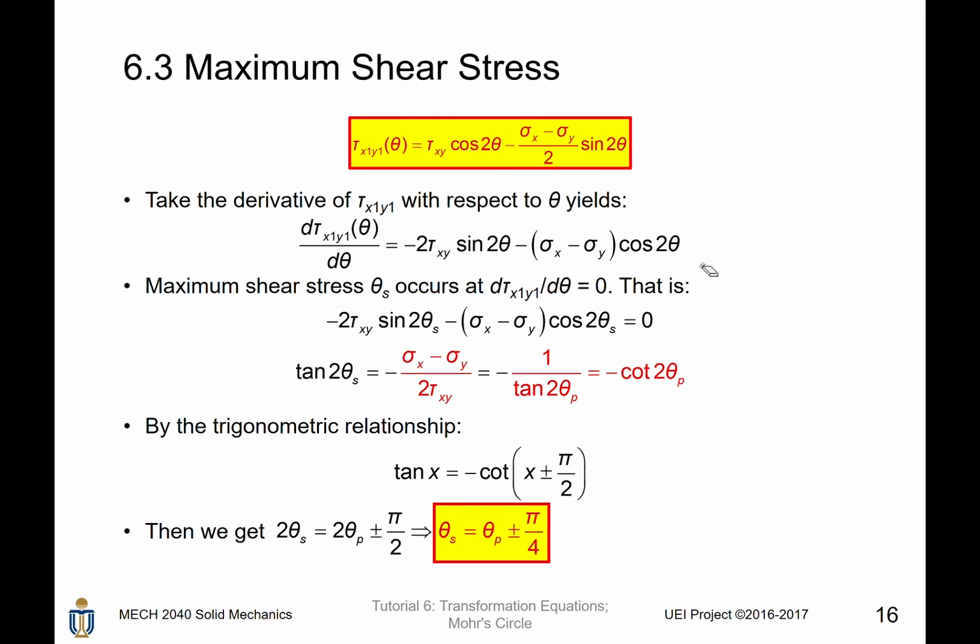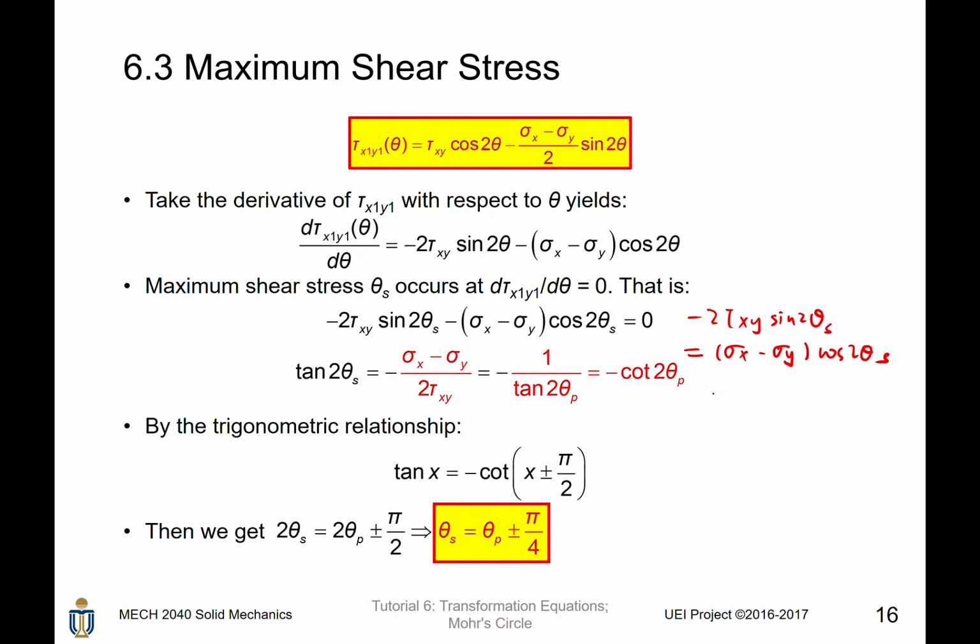Then we have tangent 2 theta s equals minus cotangent 2 theta p. What does that mean? After solving, you will have minus 2 tau xy sine 2 theta equals sigma x minus sigma y cosine 2 theta s. Theta s represents the maximum shear stress.